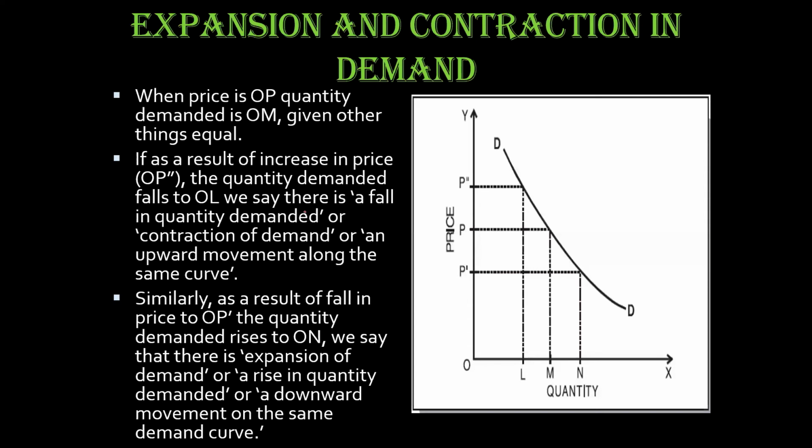Now let us take another thing, that is the effect due to factors other than price. When there is an effect due to factors other than price, it is known as increase or decrease in demand. That was expansion and contraction in demand.